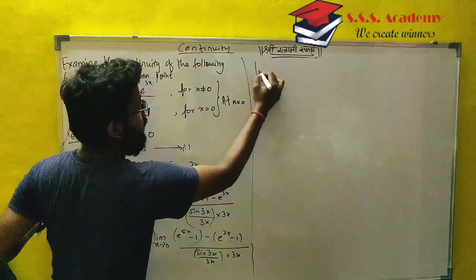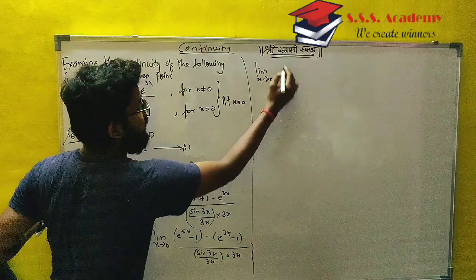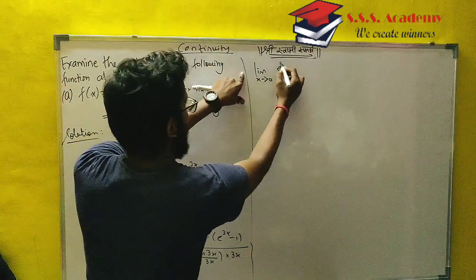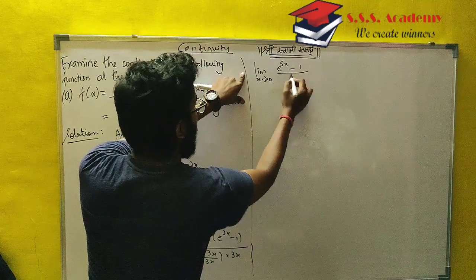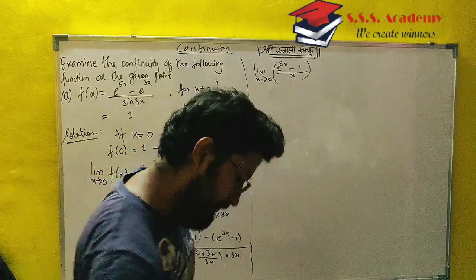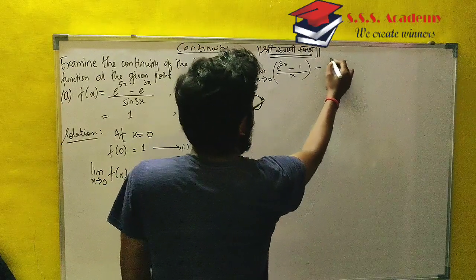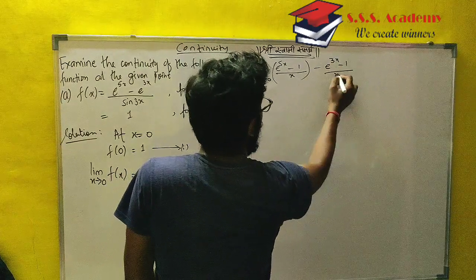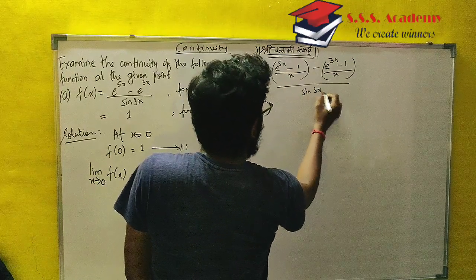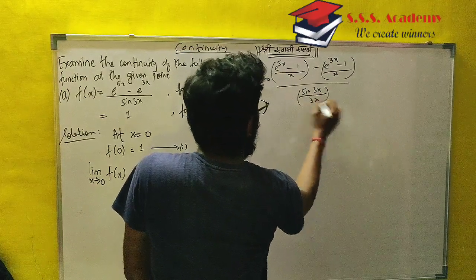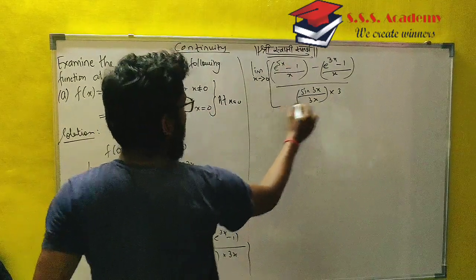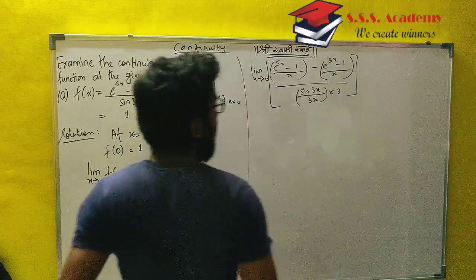So we get limit x tends to 0, e raised to 5x minus 1 upon x minus e raised to 3x minus 1 upon x, and in the denominator sine 3x upon 3 into 3.